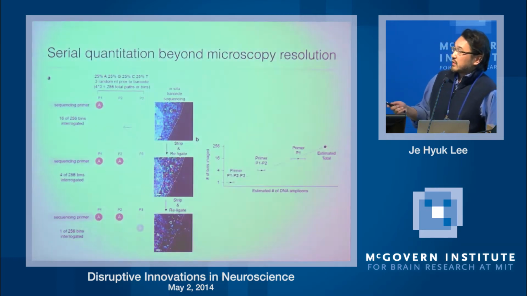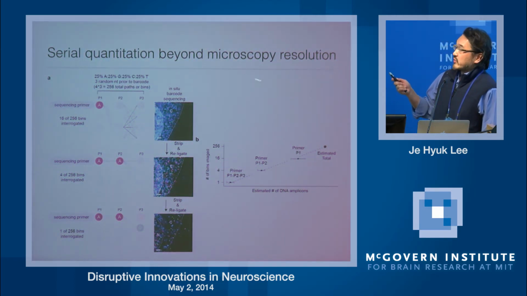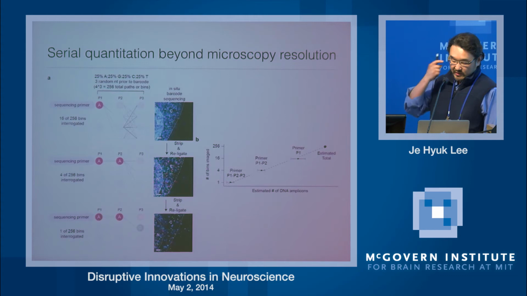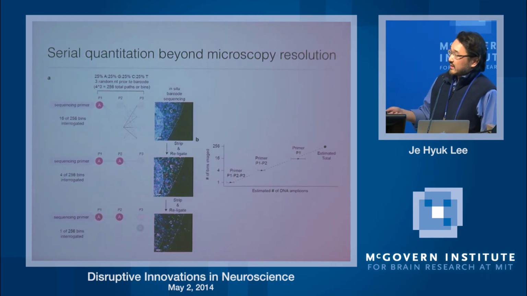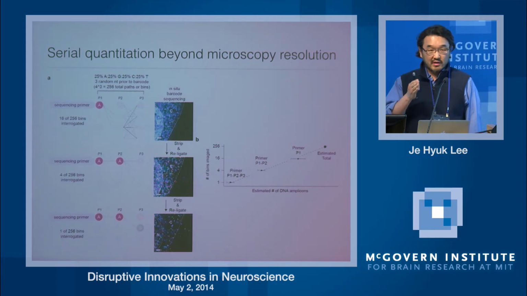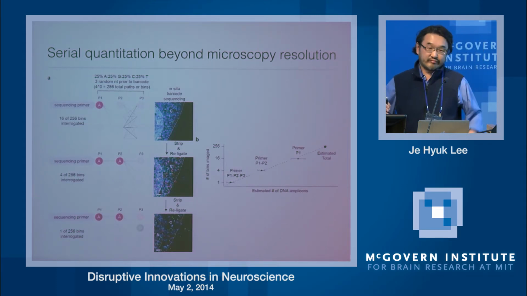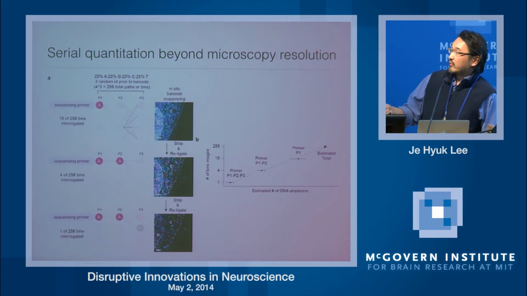So, serial quantitation beyond microscopy resolution. So how do we achieve this? This is actually the first problem I solved like 3-4 years ago, which is that sequencing lets you almost titrate the object density that you're going to count. How do you do that? That is because you can use a sequencing primer that extends by 1, and these are just random sequences here.